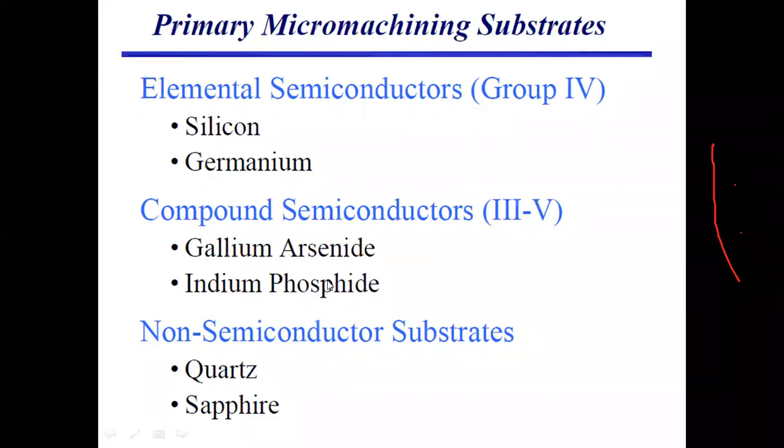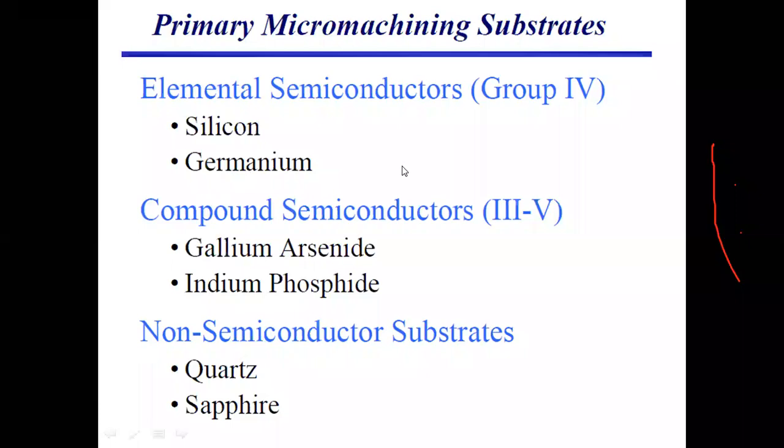These are the materials from which you could make compound semiconductor wafers. Non-semiconductor substrates which are available are quartz and sapphire. These are the glass substrates. So normally glass substrates are available.